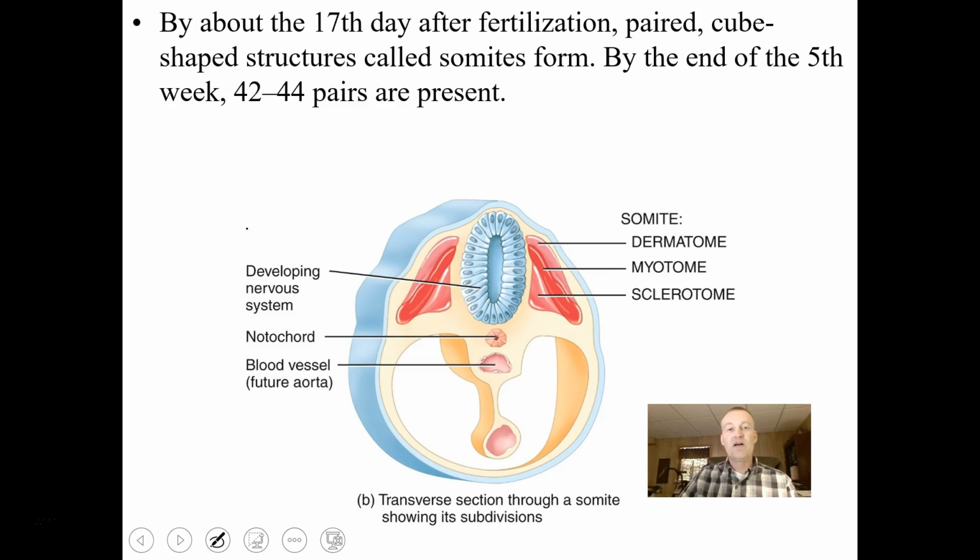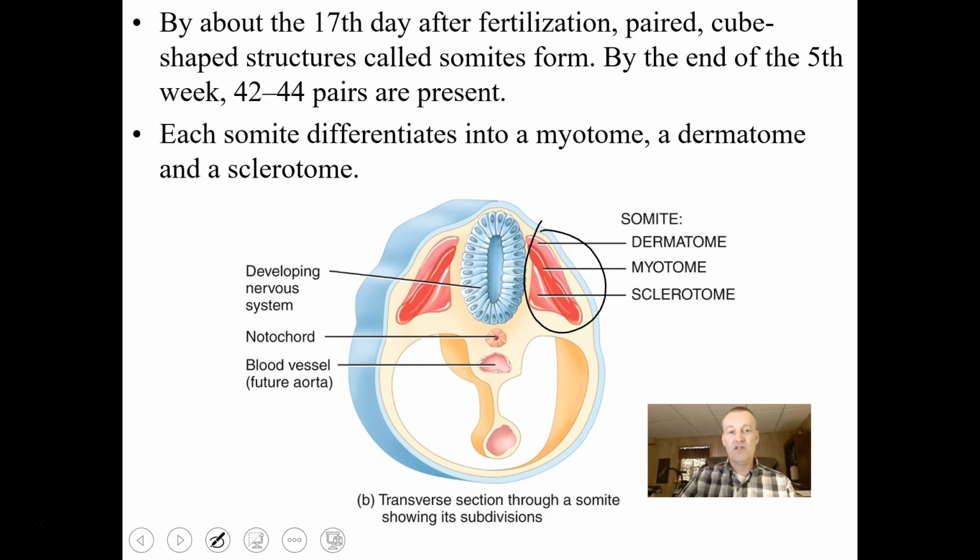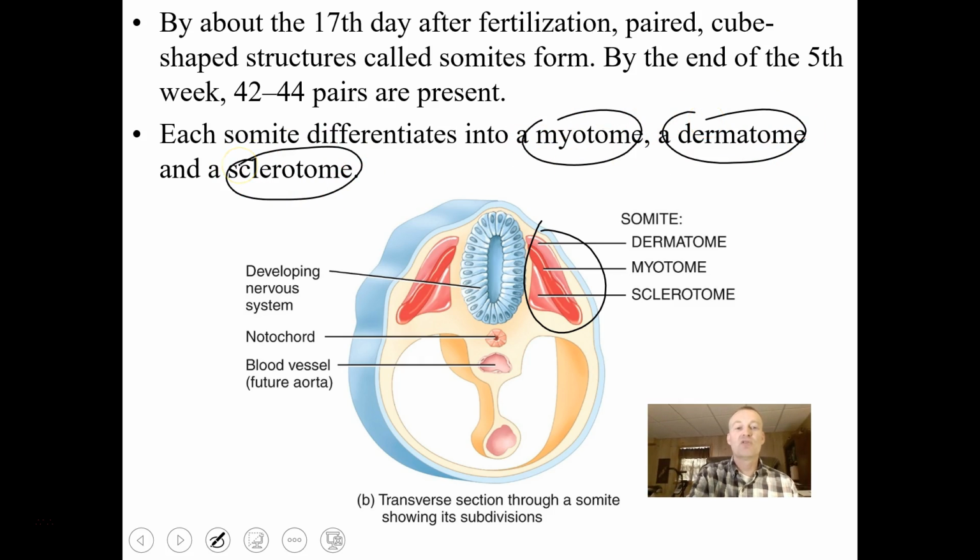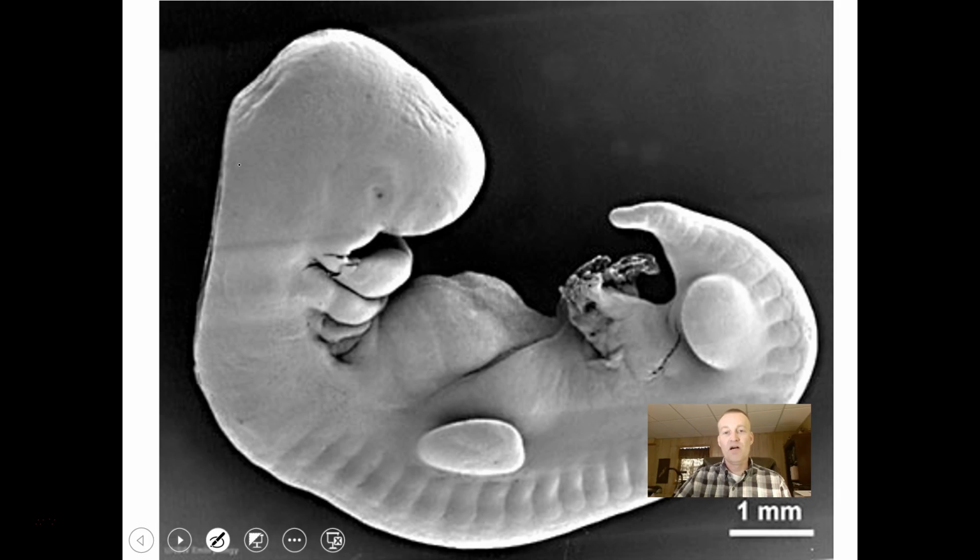At about the 17th day after fertilization, paired cube-shaped structures called somites will form. Here are your somites right here, and we're going to have 42 to 44 pairs that will be present. Each somite will develop into a myotome, a dermatome, and a sclerotome, and these will form various bones and muscles in your body.